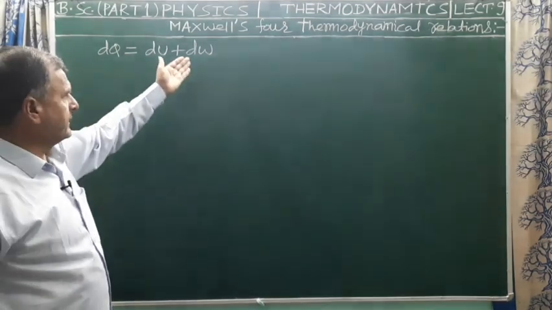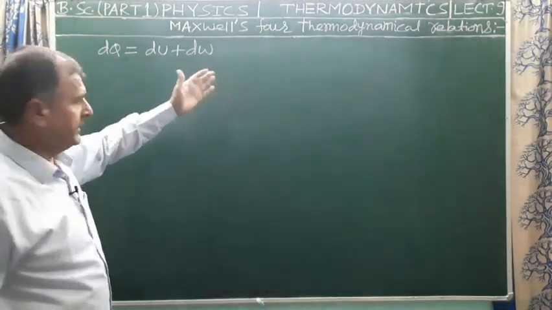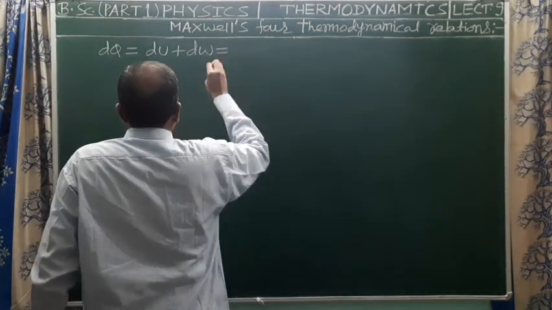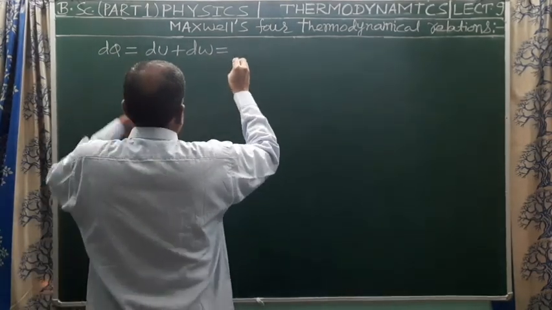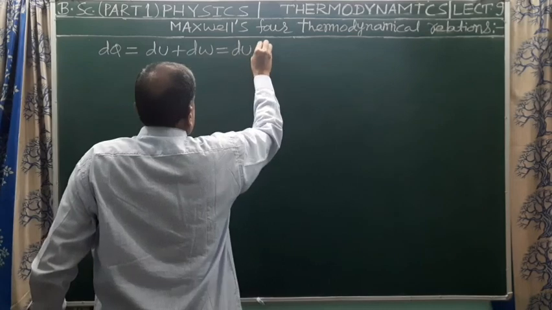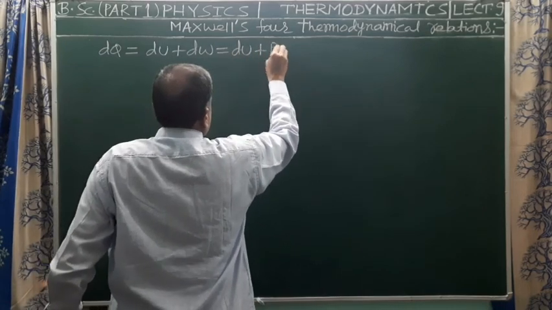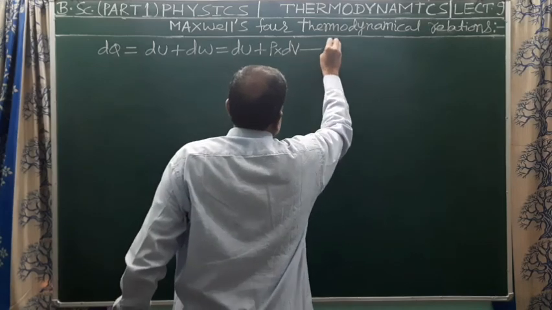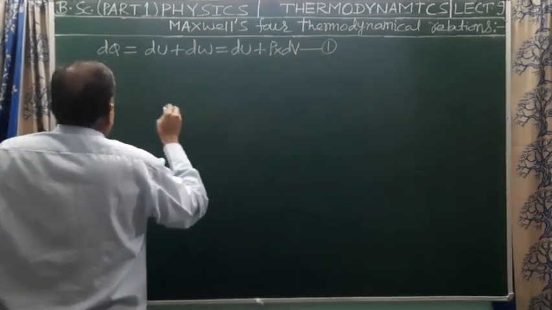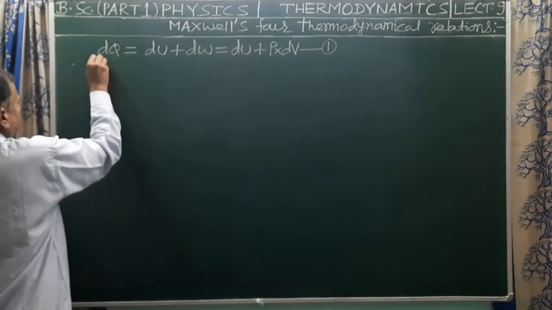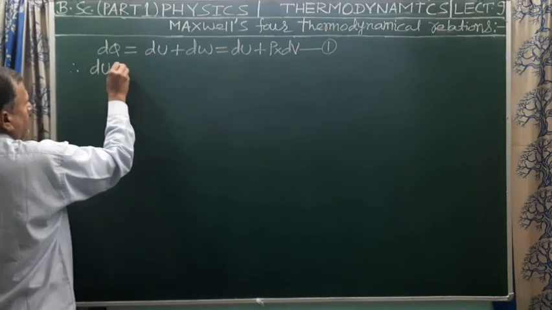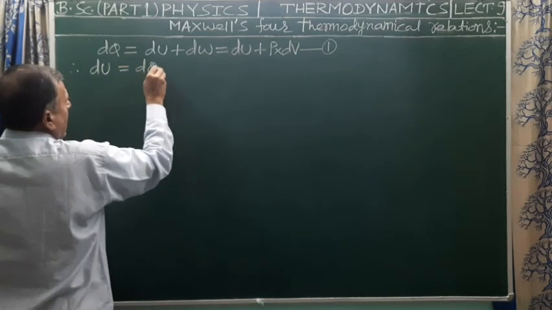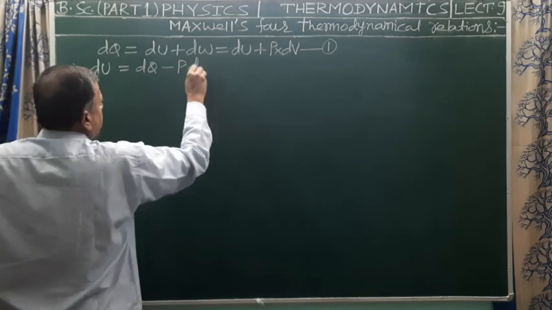So it is dq equals du plus p multiplied by dV, and say it is equation number 1. Therefore, the increase in internal energy of the system du equals dq minus p dV.